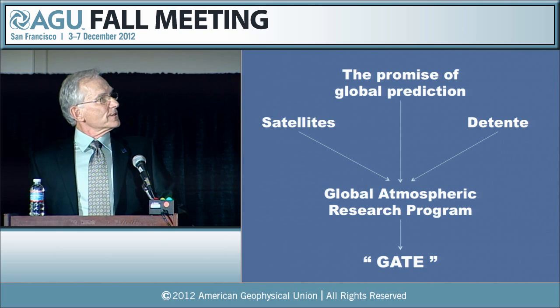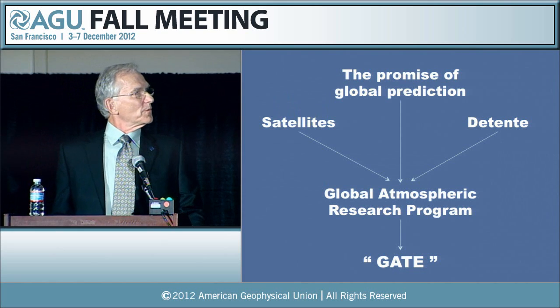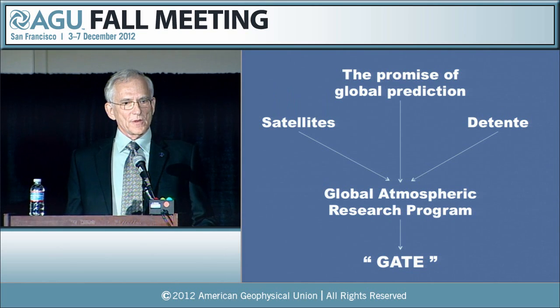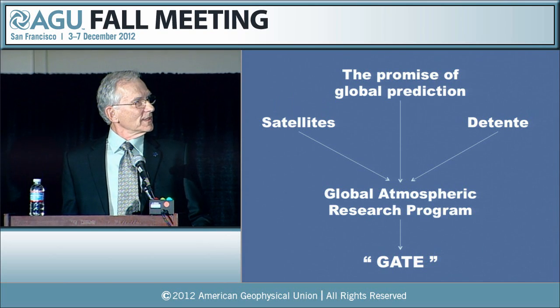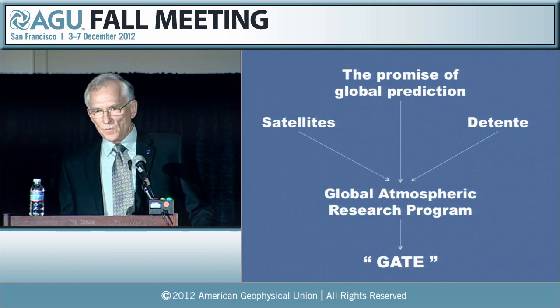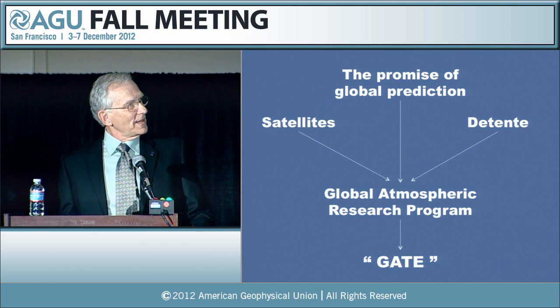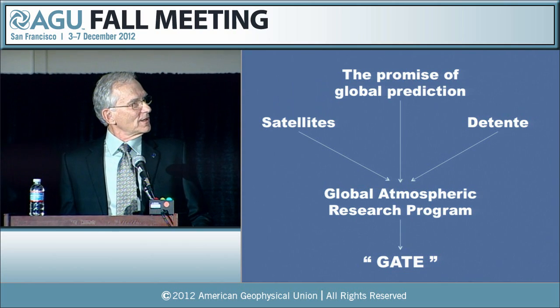So with all these forces going on, the promise of global prediction, new satellite observations over the globe, and this desire for détente among the nations, which, by the way, provided financial support with that kind of motivation.